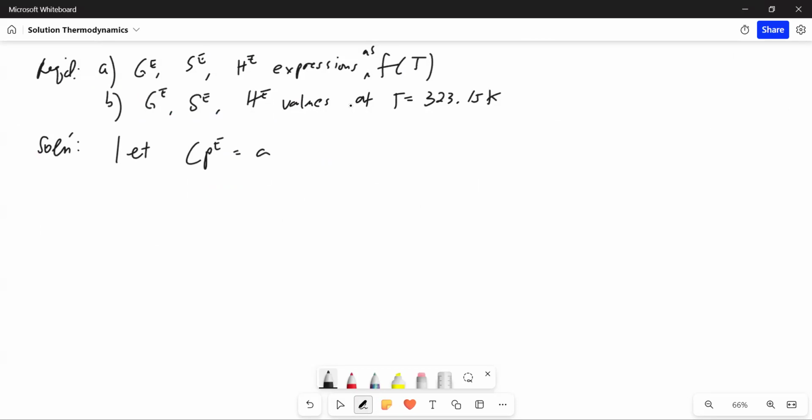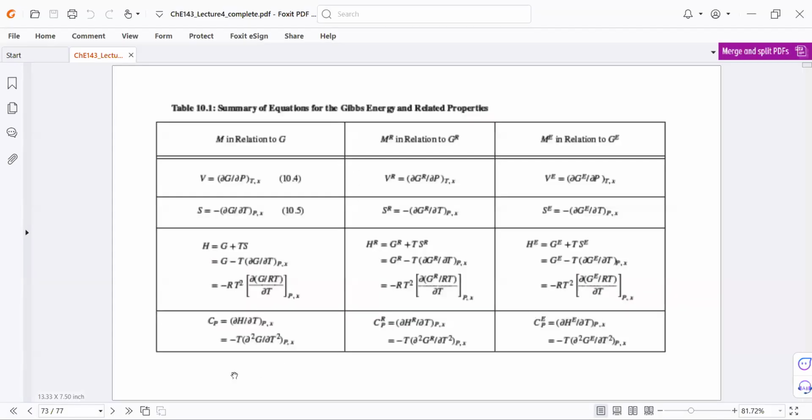Okay, let me go back to the slides here. All right, so can you see it at the bottom of the last column? We have an expression for CP in terms of Gibbs free energy, at constant pressure and composition. Okay, so we copy this one to our solution.